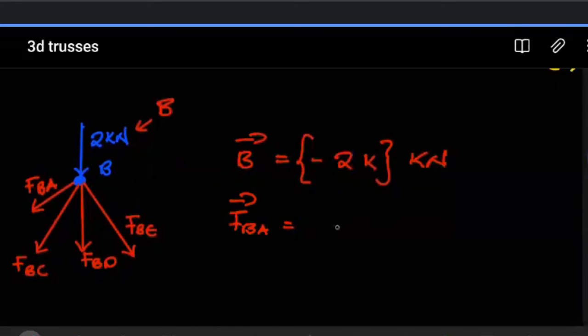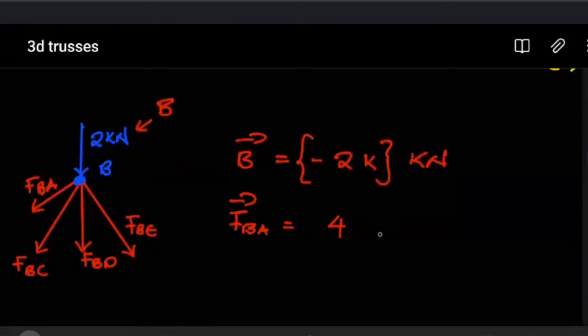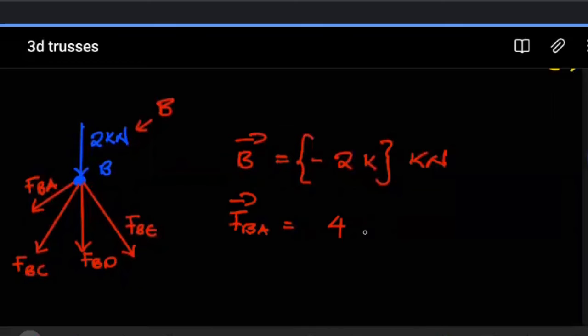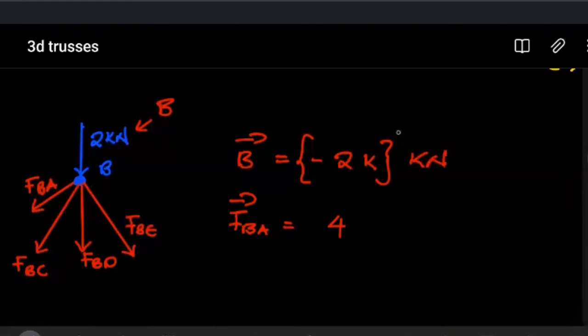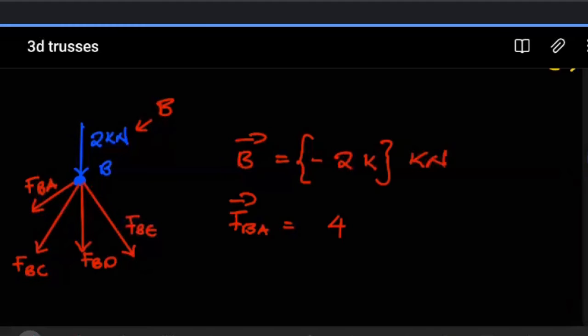The magnitude is 4. What is the direction there? Negative what? Unit vector. No. Yeah, it is in tension, but I'm writing them in Cartesian vector form. Negative 4J. Yes, negative 4J.